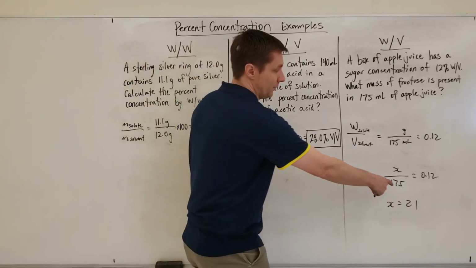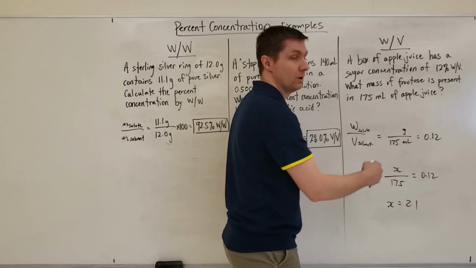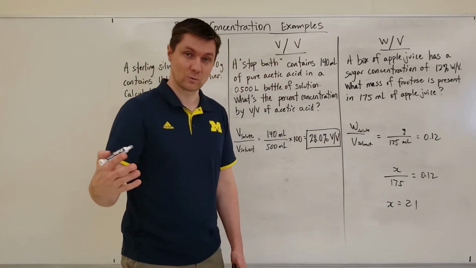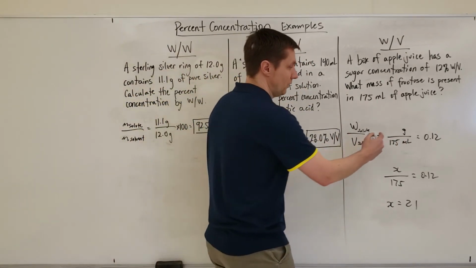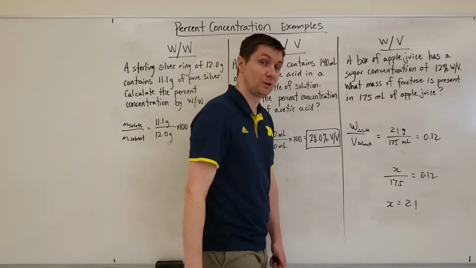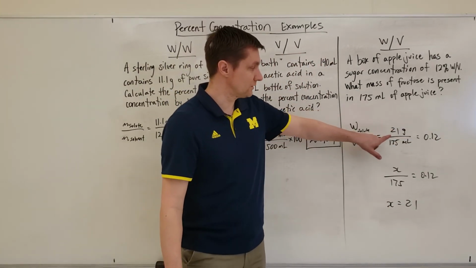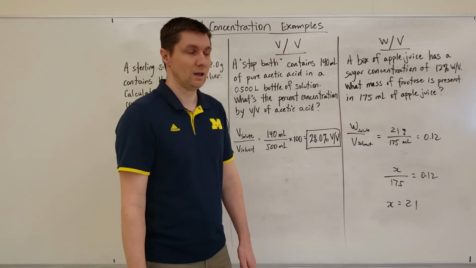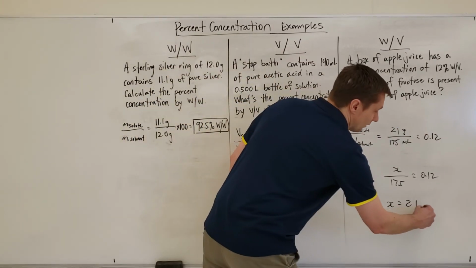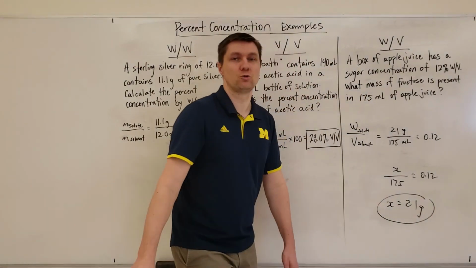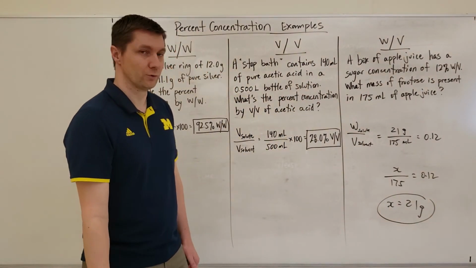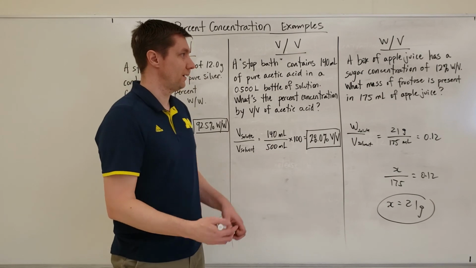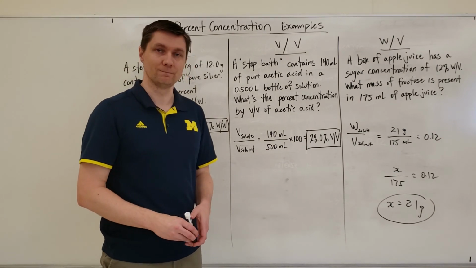If I go back up to my ratio, because I've properly put in the units where I was supposed to, that tells me this is going to be in grams. 21 grams divided by 175 milliliters is going to give me 12%. So I know that in the apple juice, there are 21 grams of fructose, or sugar, found in that sample.